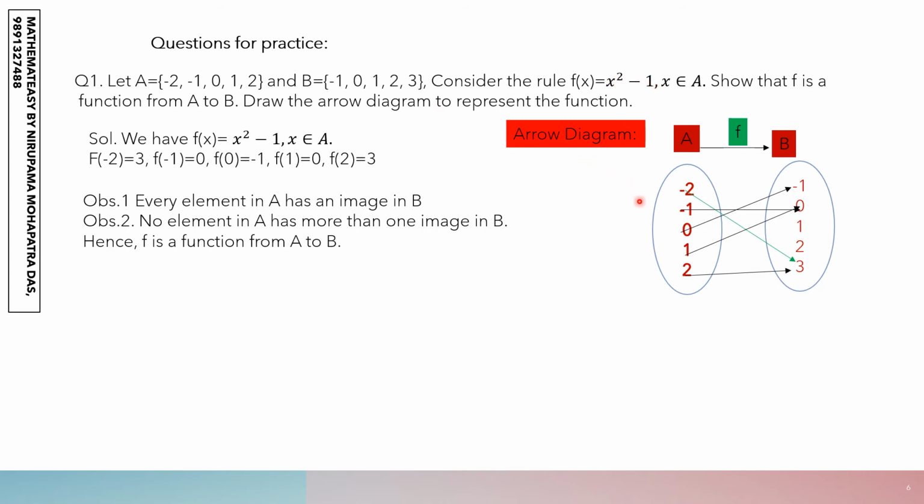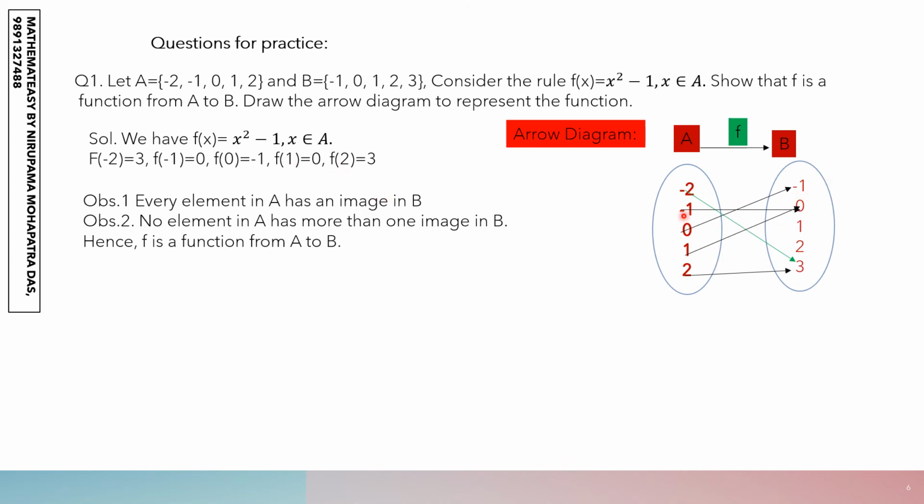Now coming to the arrow diagram, you see -2 is associated with 3, and f(2) is associated with 3, then f(-1) is 0, f(1) is 0, f(2) equal to 3, f(1) equal to 0, right?